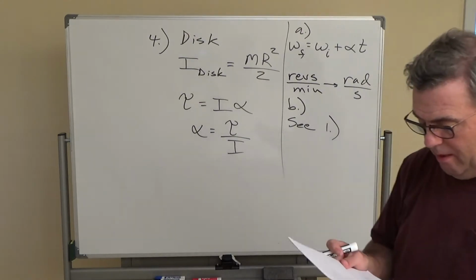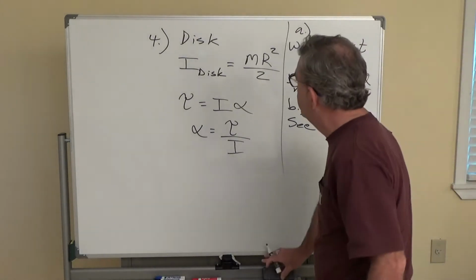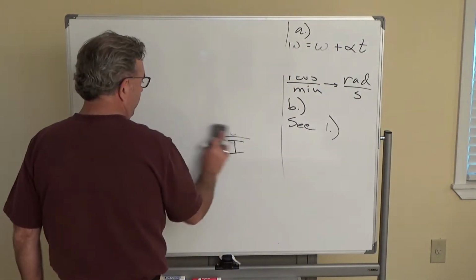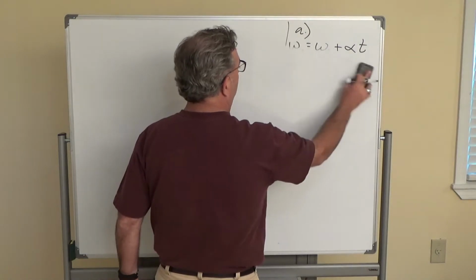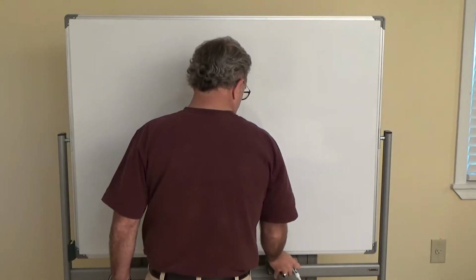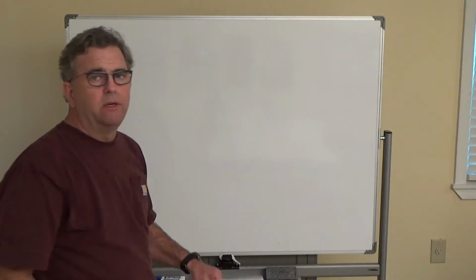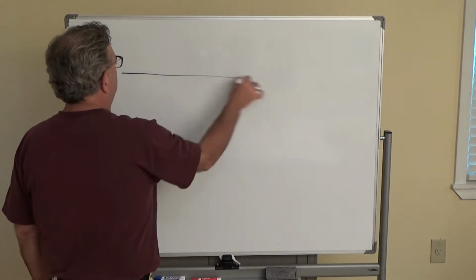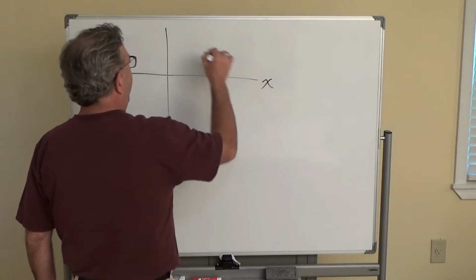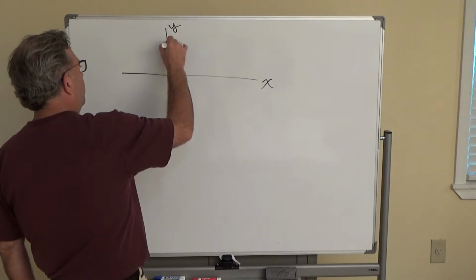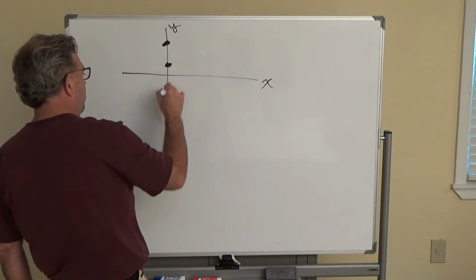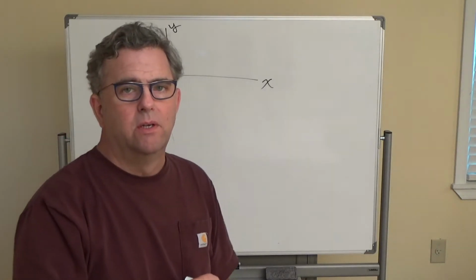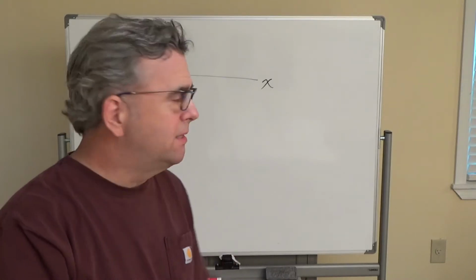All right. Number 5 is several point masses along the y-axis, and you're asked to calculate the moment of inertia about the x-axis because that's the axis of rotation. So here's the x and y axis, and you have several point masses distributed along the y-axis.